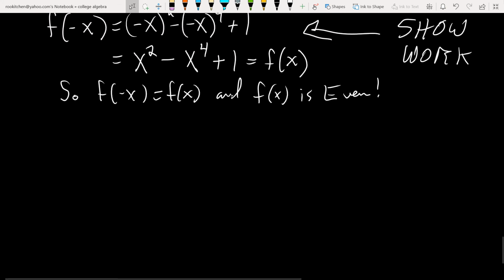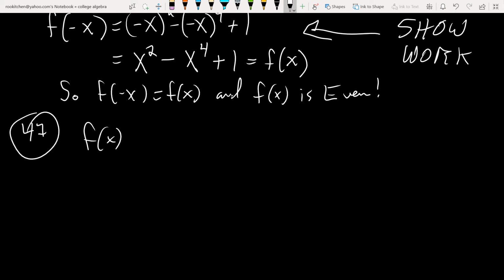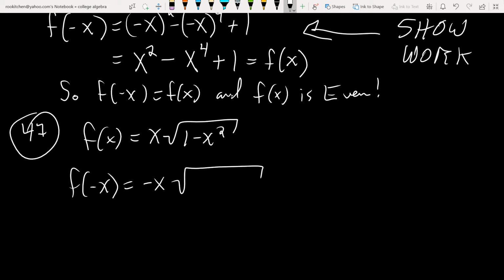Okay, so that's 43. Let's look at an odd function, see what happens there. This is 47. f of x equals x times the square root of 1 minus x squared. So again, you just plug negative x in for x. So we have negative x there, and then 1 minus negative x squared in here, and then simplify it.